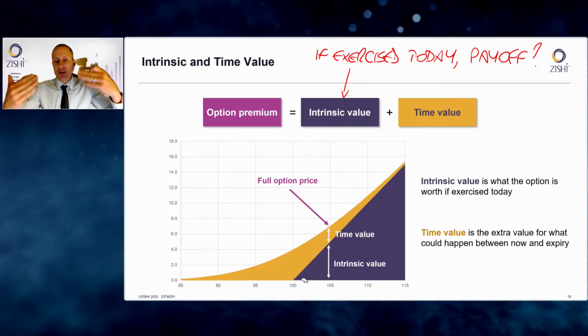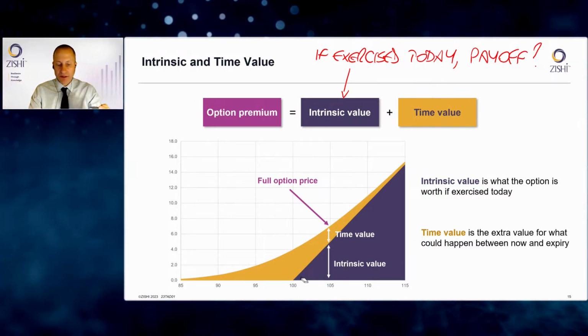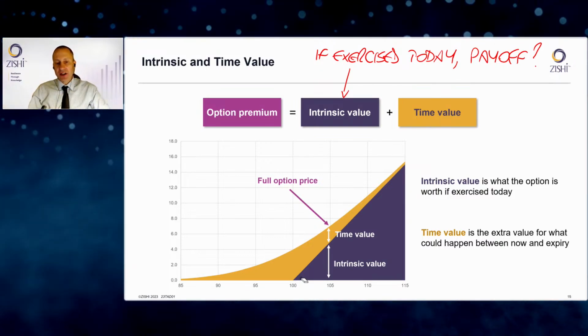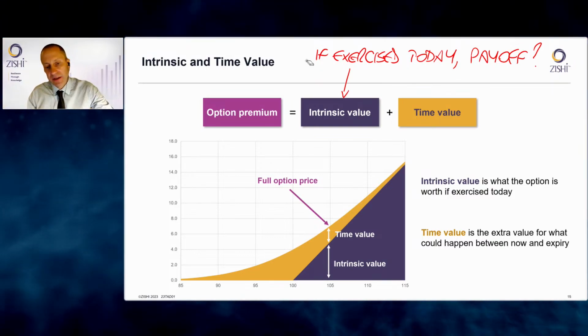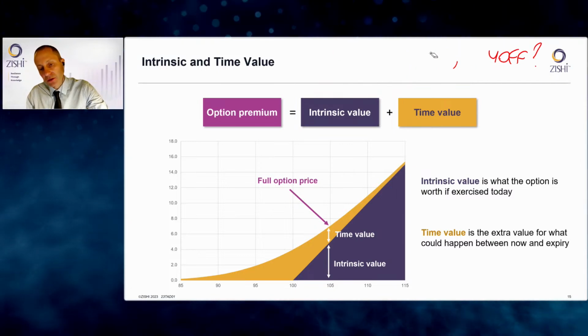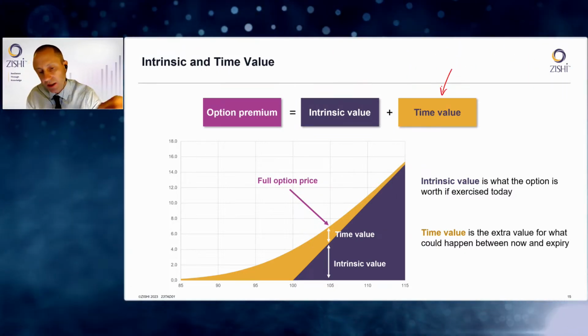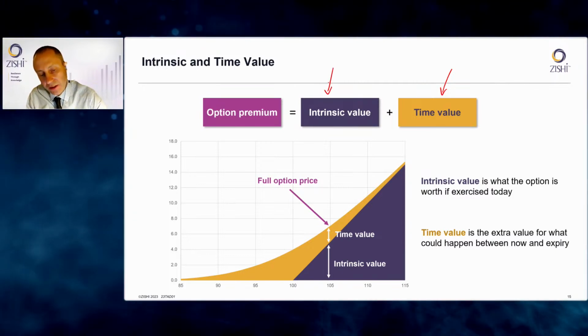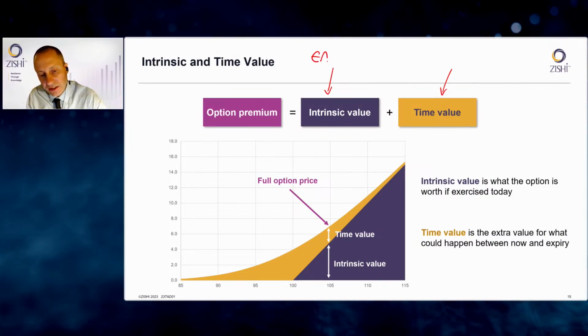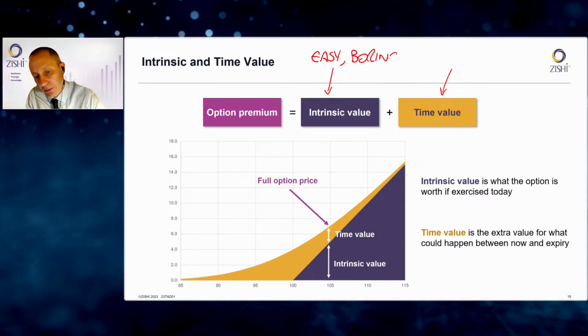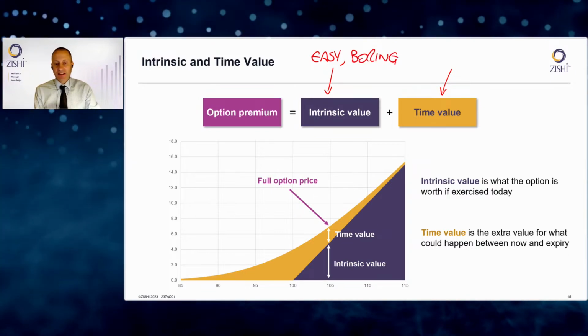Everything extra that this option is worth is because there is still time left. There is still time left between now and expiry, and that is what we call time value. So that's this second bit here. Intrinsic value is easy and just a little bit boring. It's very easy to calculate.